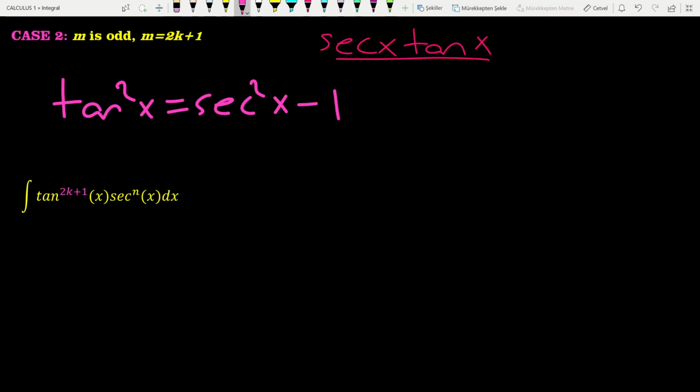We use this to express the remaining factors in terms of secant x.